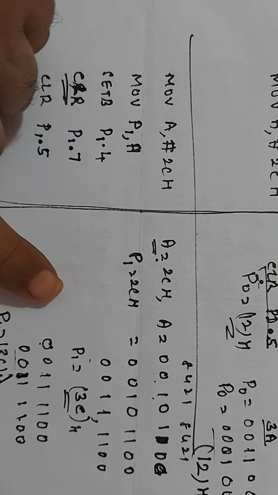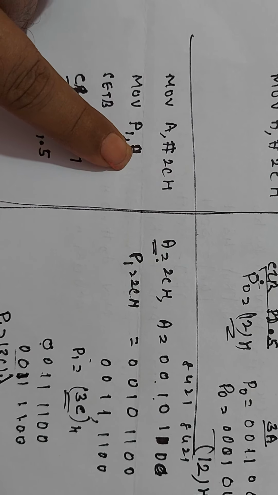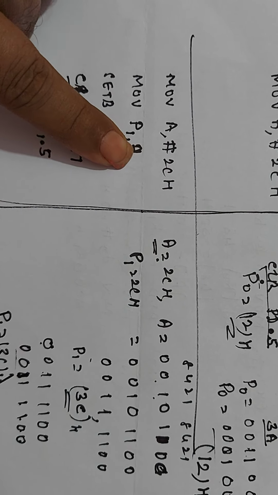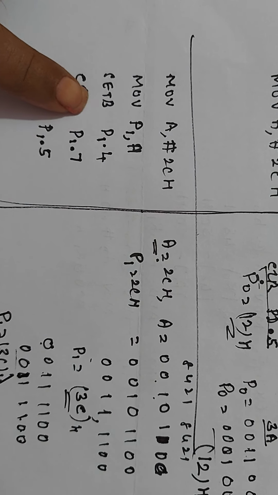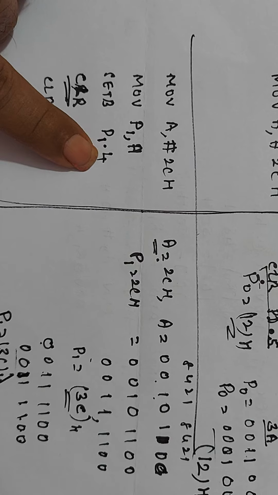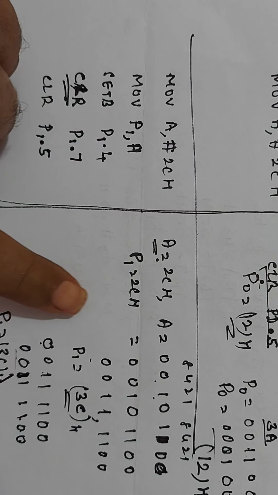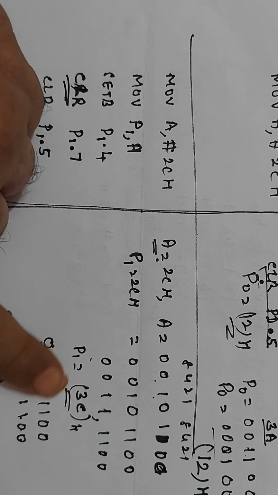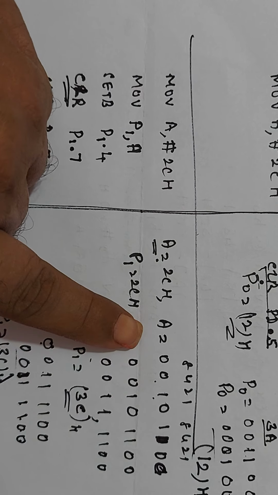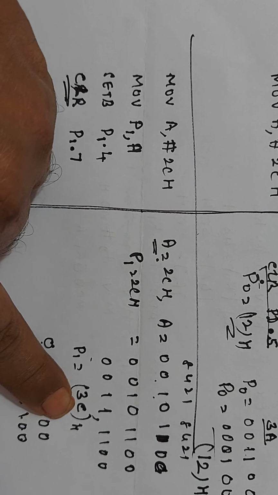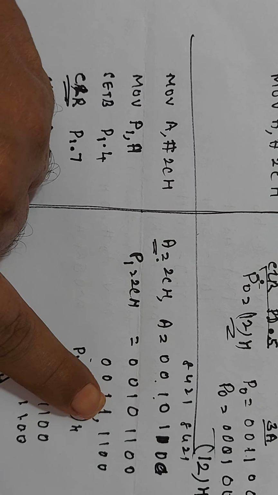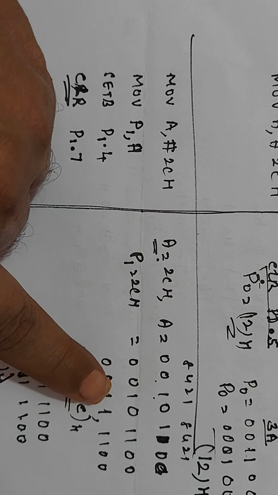The byte present in P1 here is 2CH. SETB P1.4: the fourth bit of the port P1 is set. Then P1 becomes 3CH. That is, the data is manipulated. You can manipulate the data by manipulating any bit of the port.